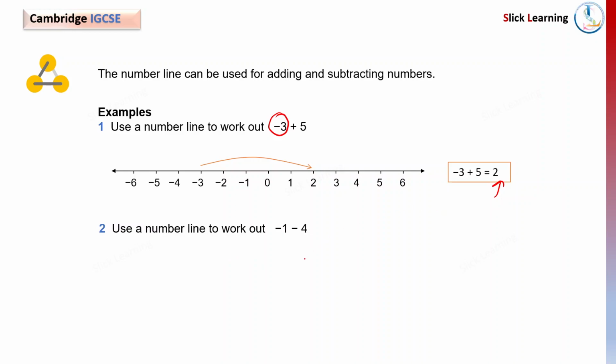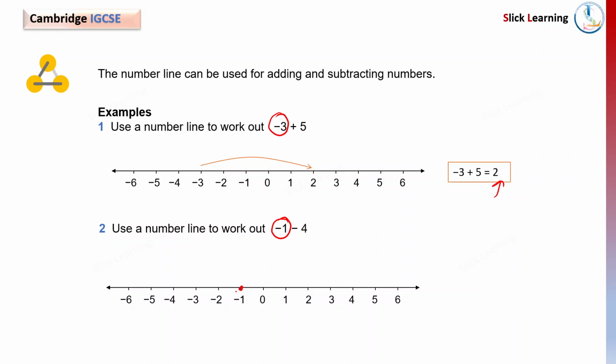We are going to subtract 4 from minus 1. So let's take the help of the number line. Right now we are on minus 1, and we have to go 4 steps towards the left, because here we are going to subtract. So let's move 4 steps towards the left.